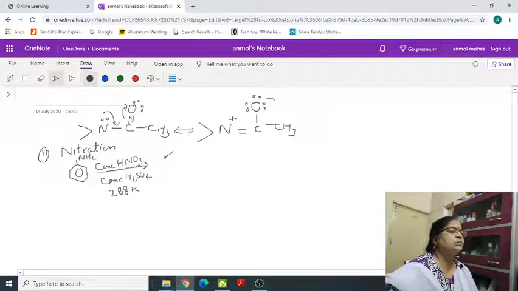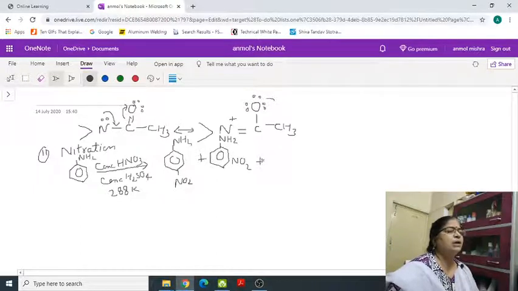It forms 3 isomers: para, meta and ortho. All the 3 isomers are formed.